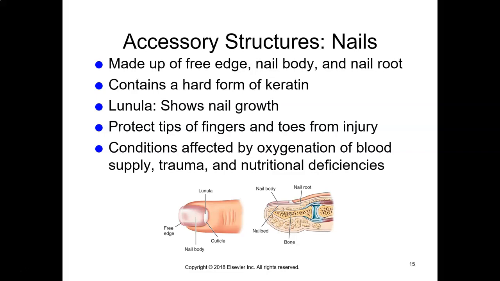Now we're going to talk about nails. Nails are made up of a free edge, nail body, and a nail root. Contains a hard form of keratin. That's what forms our nails. The lunula shows us the nail growth, and you see there in the photograph it looks like a little half moon, and that is showing us our nail growth.